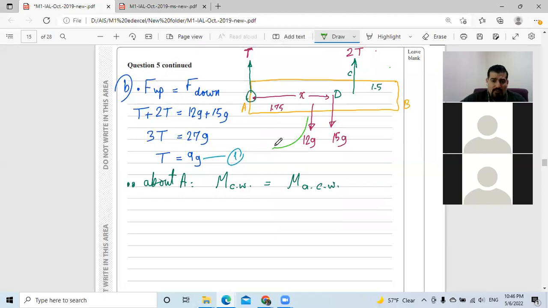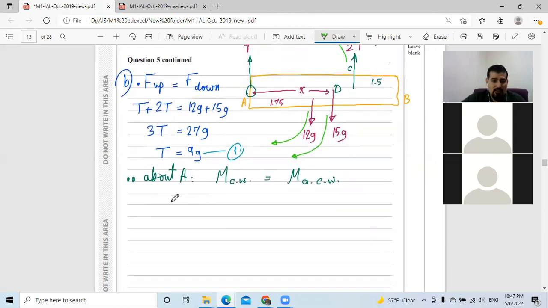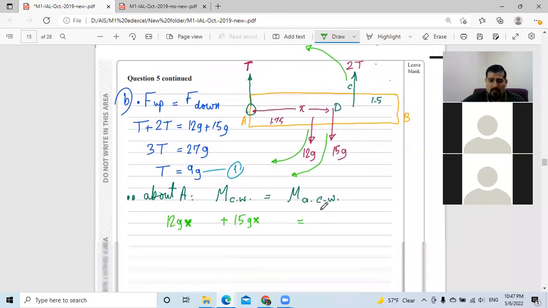So both of these forces act clockwise about A, and the tension 2T acts anti-clockwise, and we assume that the tension T at A doesn't have any moment since the distance is 0. So we are going to say 12g multiplied by its distance, plus 15g multiplied by its distance, equals the moment anti-clockwise, which is 2T multiplied by its distance.